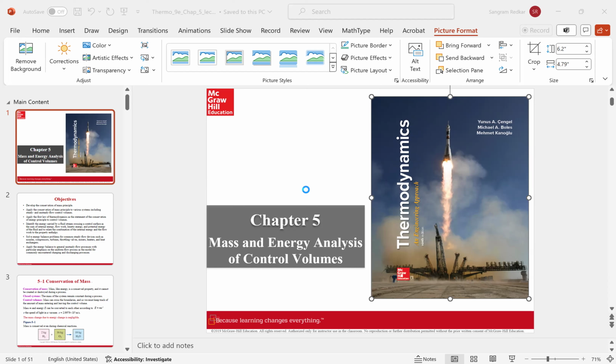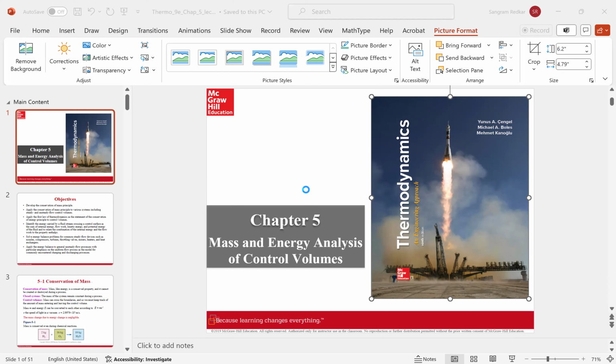Another classic example is turbines and compressors. Basically, a turbine is used to drive an electric generator. It's used with steam for steam generation, gas turbines, or even in hydroelectric plants. Compressors are used to compress or to increase the pressure.